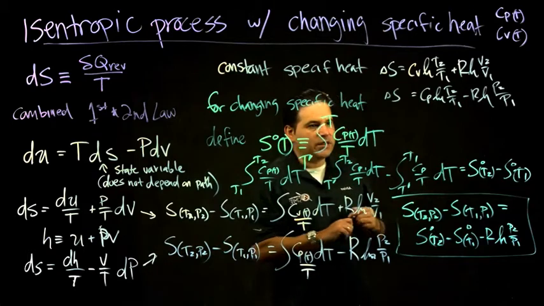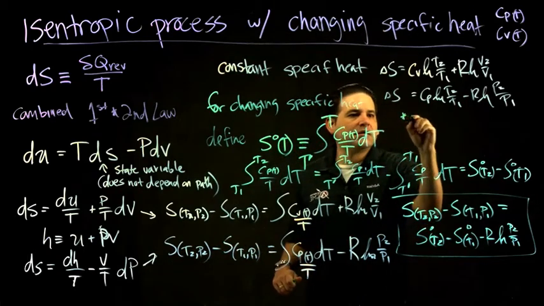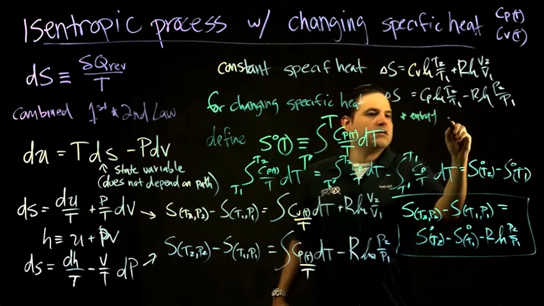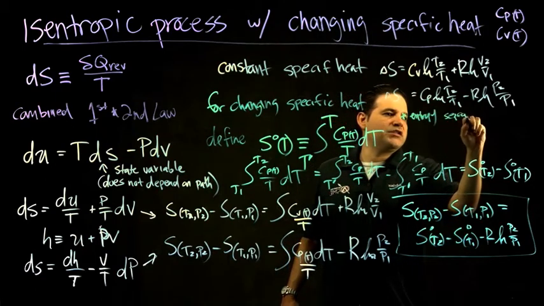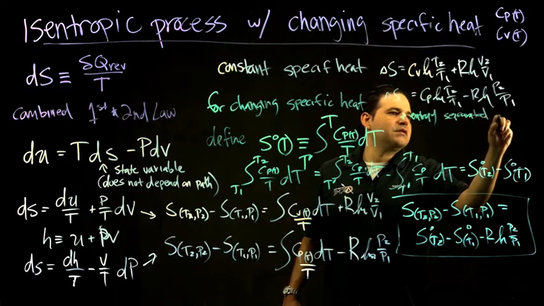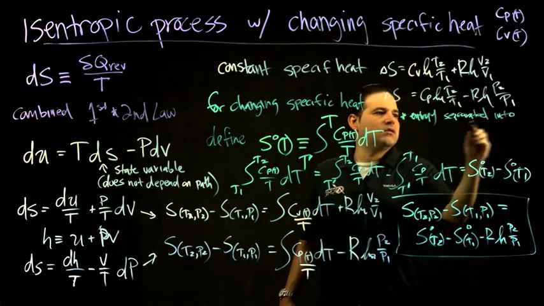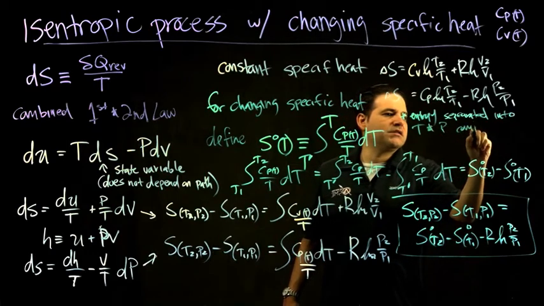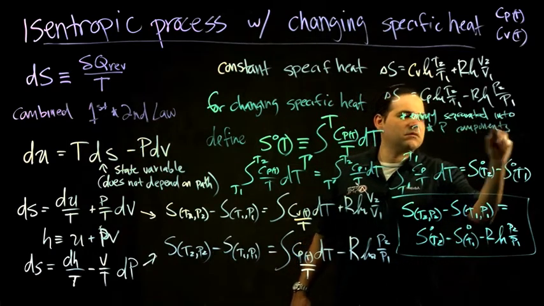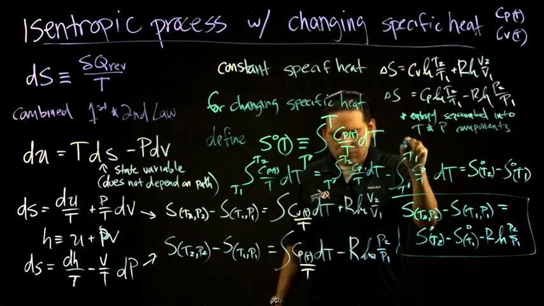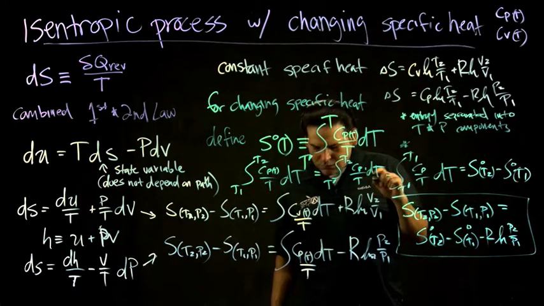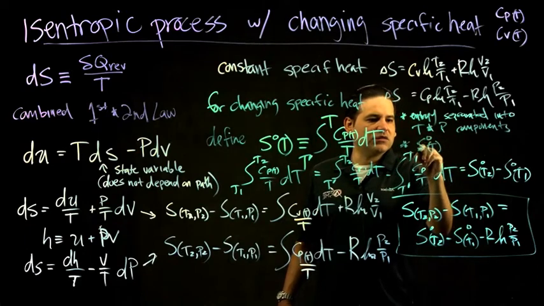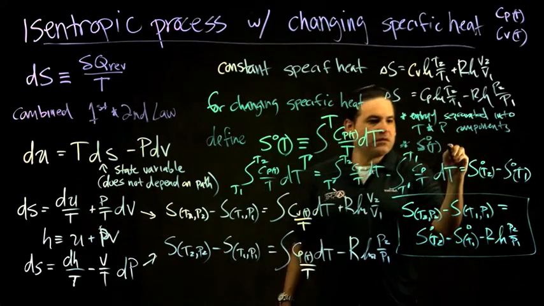So what you're doing is, well, using this expression, you're separating this into T and P components, which you can go in the tables to find the temperature.